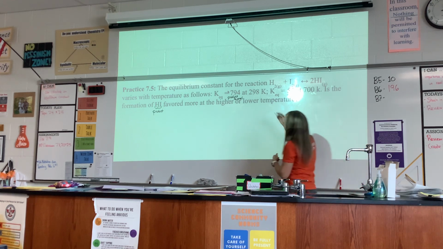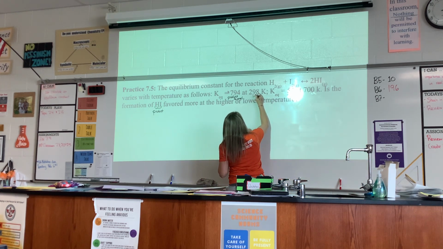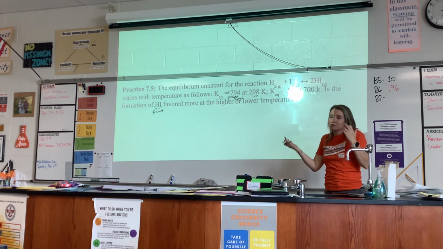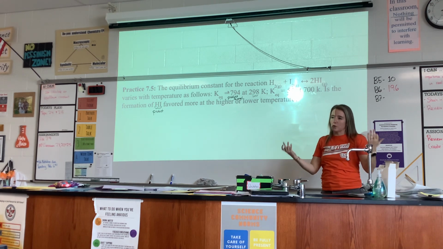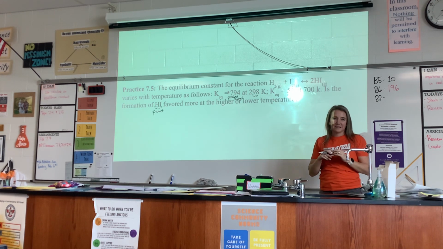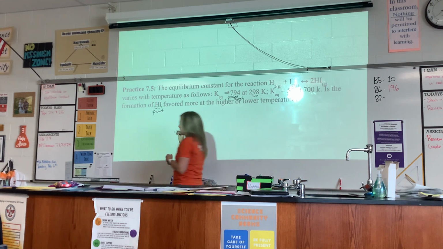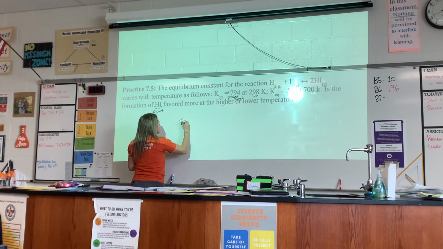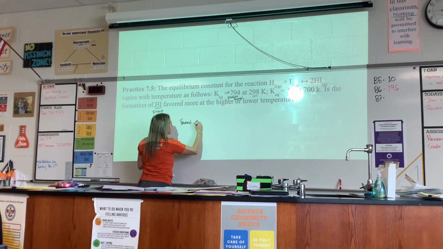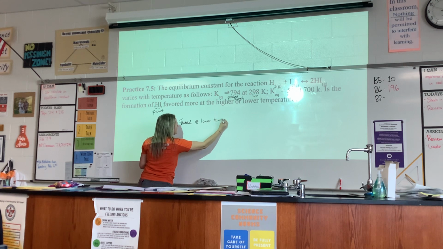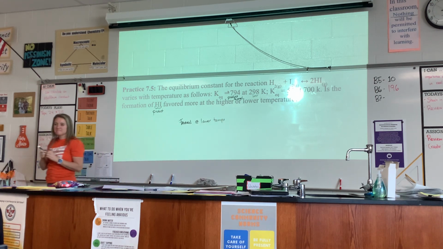Everyone see that? This one is a lower temperature. So the answer is that it's favored at lower temperatures. This is what I mean by understanding what that value tells you. Questions on that?